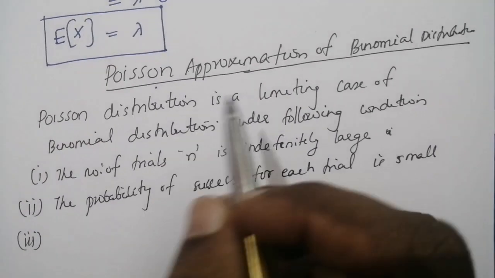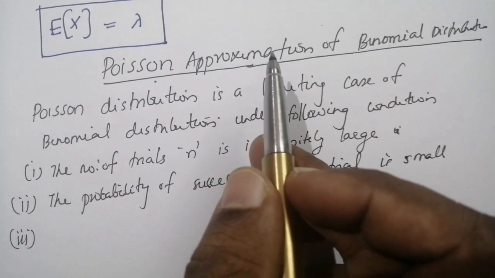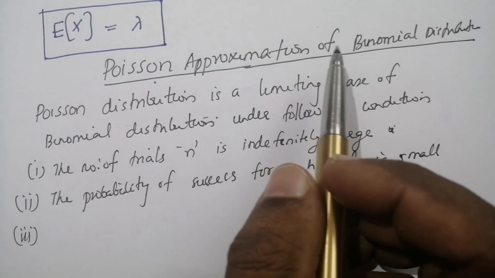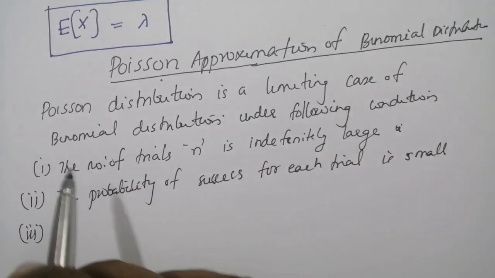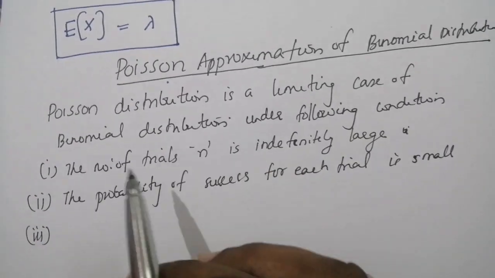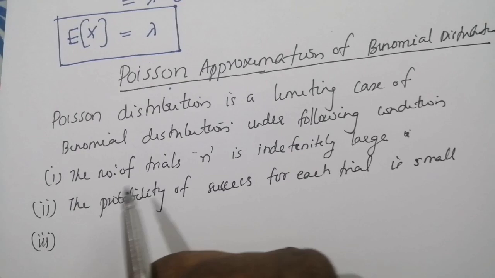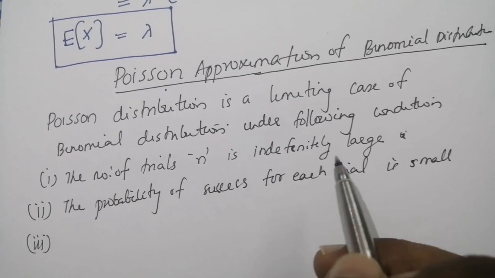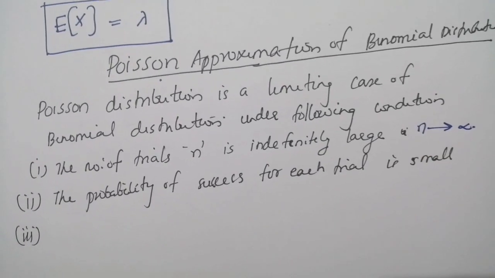Now coming to the Poisson approximation of binomial distribution. We already discussed the Poisson approximation of binomial distribution. Today I will give a proof for it. The Poisson distribution is a limiting case of the binomial distribution under the following conditions. One, the number of trials n is indefinitely large, that is n tends to infinity.